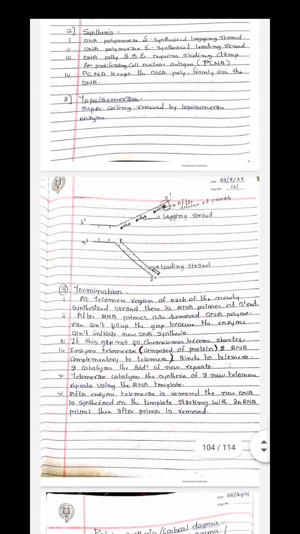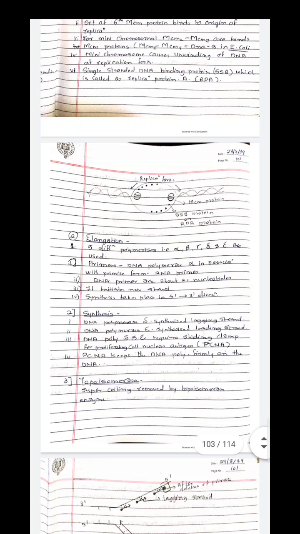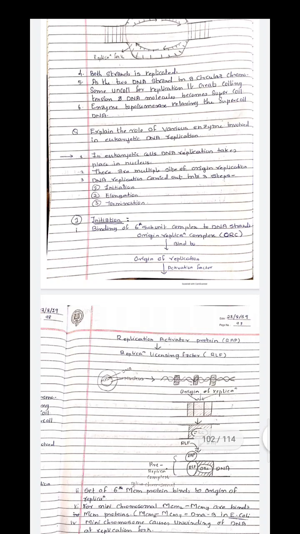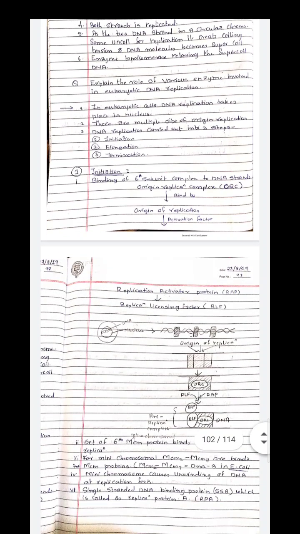So this is all about replication in eukaryotic cells. Lastly, I will summarize this replication, what you have to remember. DNA replication in eukaryotes mostly takes place in three steps: first initiation, elongation and termination. In initiation, first there is the binding of the six-subunit complex.